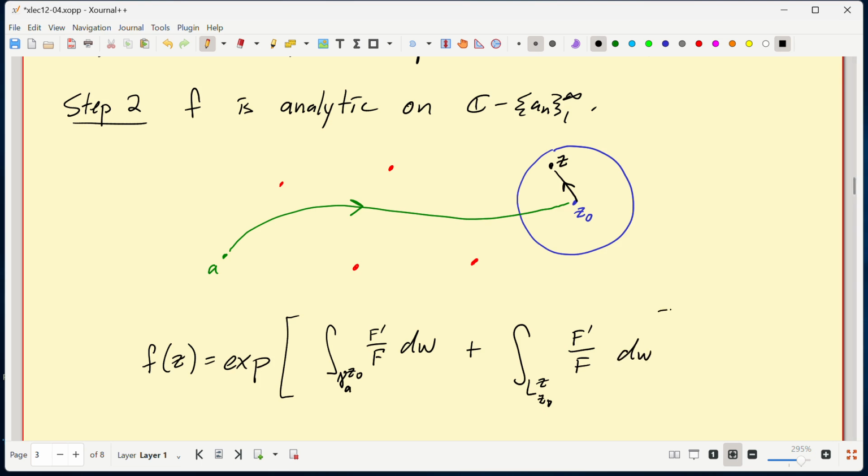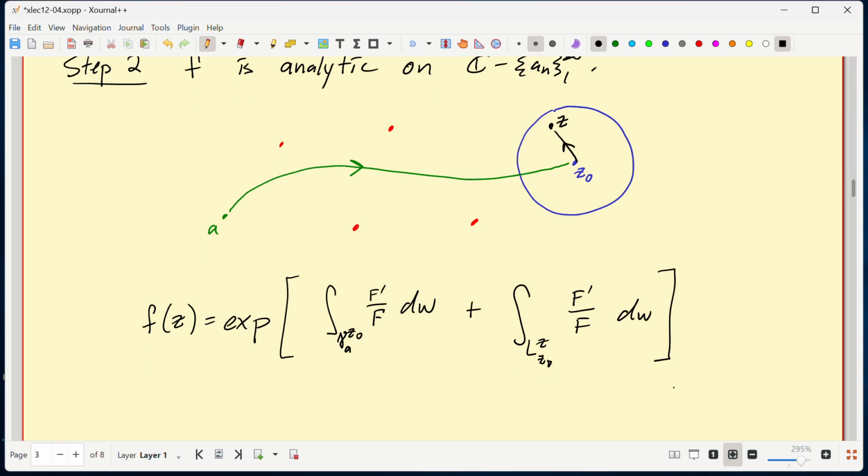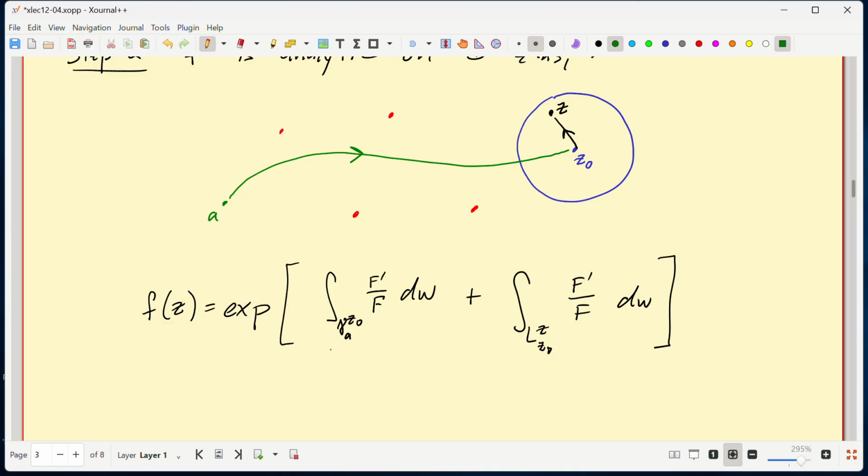And we know that's an antiderivative. So this thing is a constant. This thing is an antiderivative for the thing inside, on the disk, the little blue disk.